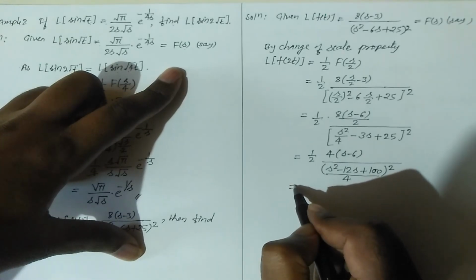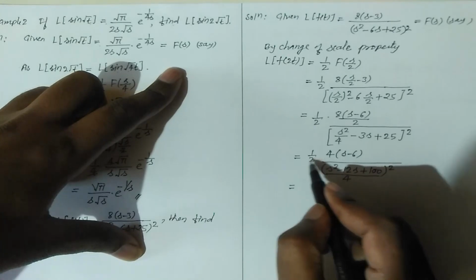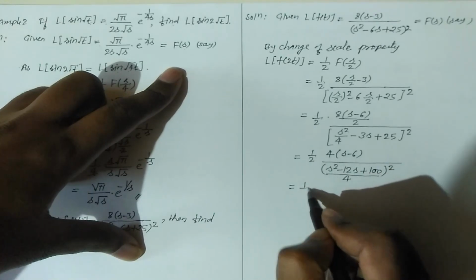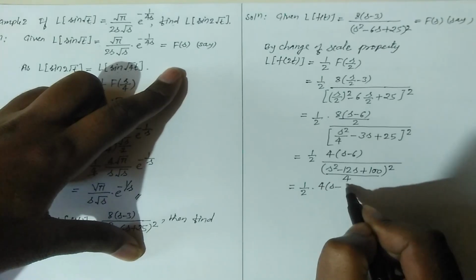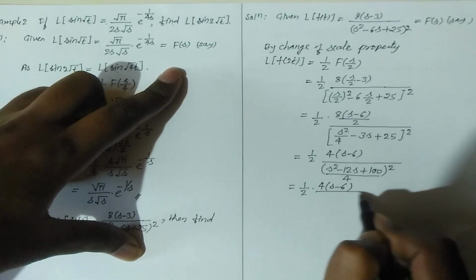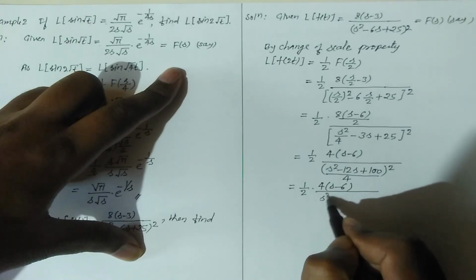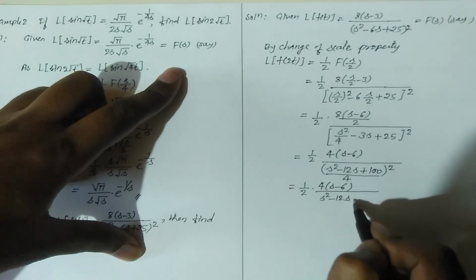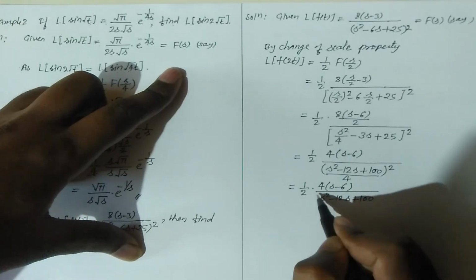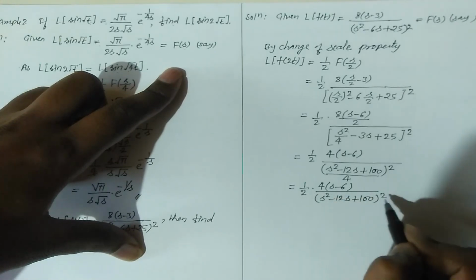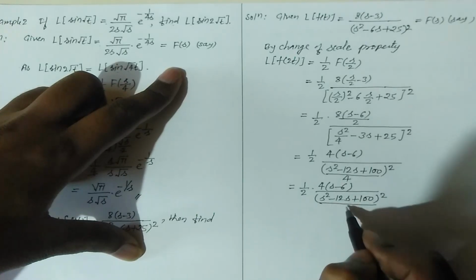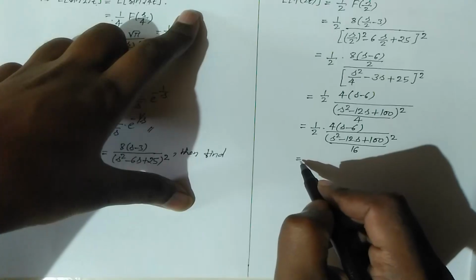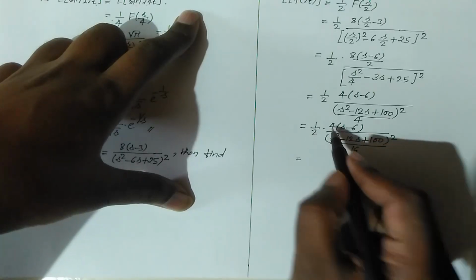This equals 1 by 2 into 4 into s minus 6, the whole, divided by s square minus 12s plus 100 the whole square, divided by 4 square, that is 16, and this equals 2 into 4.